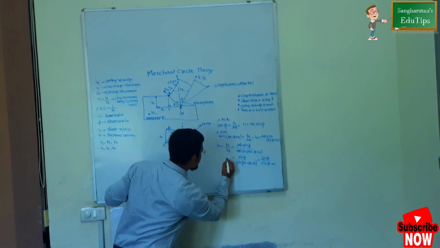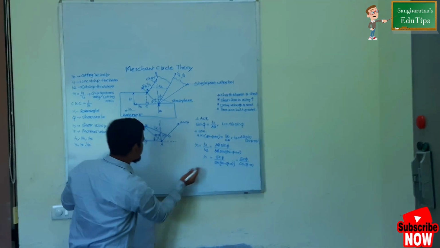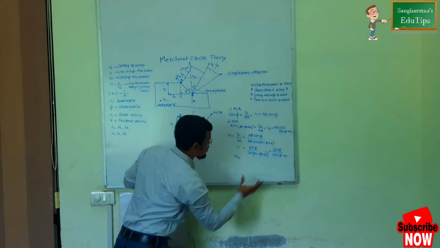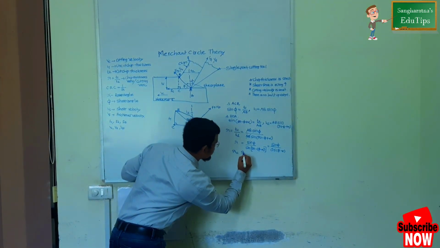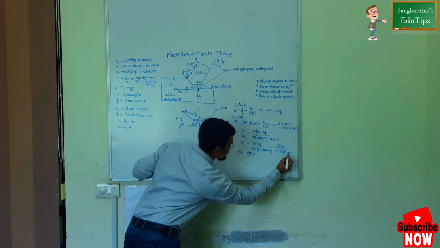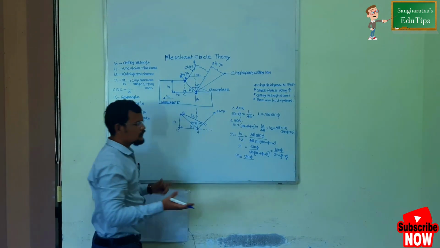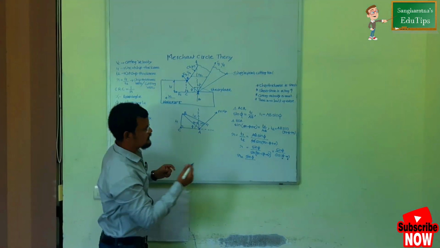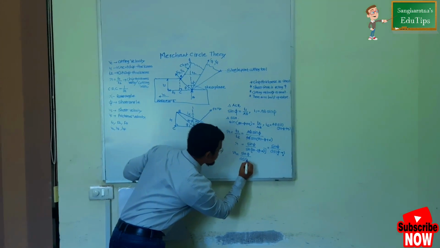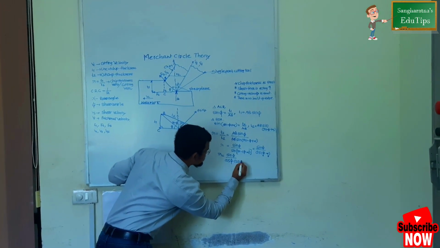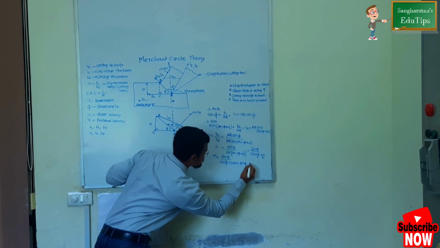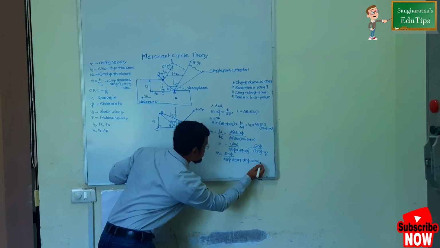So we got one relation for r: r equals sine phi divided by cos of phi minus alpha. Now I will expand this equation, with cos of A minus B, where this is A and this is B. If we know the simple geometric relations, we can easily expand it: cos A minus B equals cos A cos B plus sine A sine B, right?